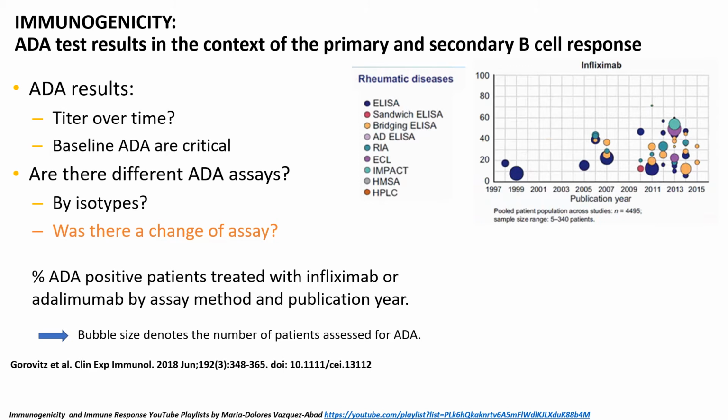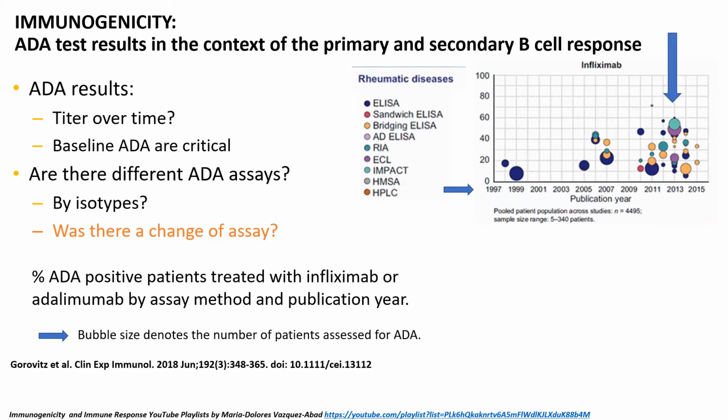So this is just to show you that there's many different ways in a laboratory to detect antidrug antibodies, and it changes over time. Not surprisingly, we are seeing more and more technologies as time evolves, because we get better in the laboratory at assaying different things, and in this case, antidrug antibodies.